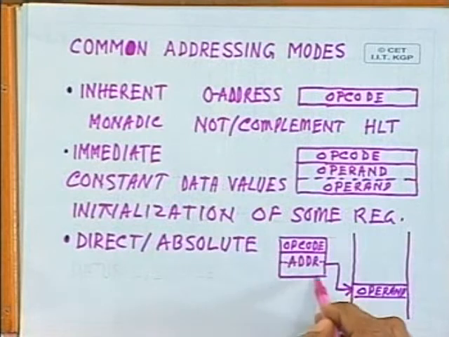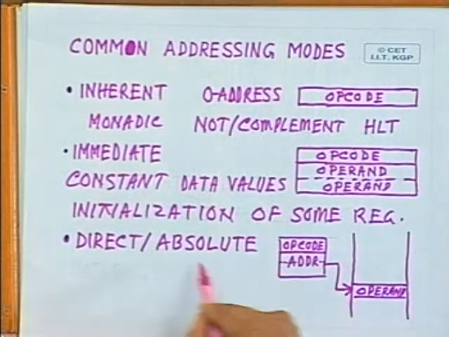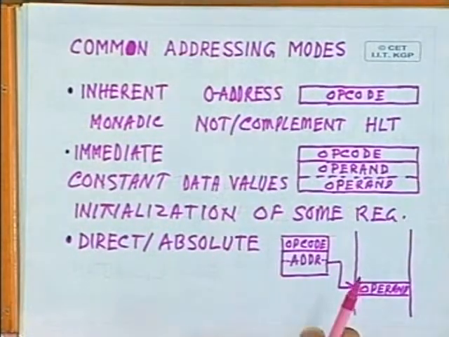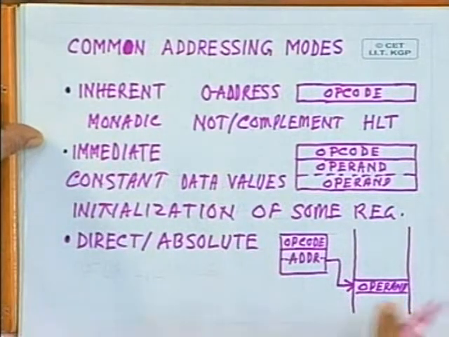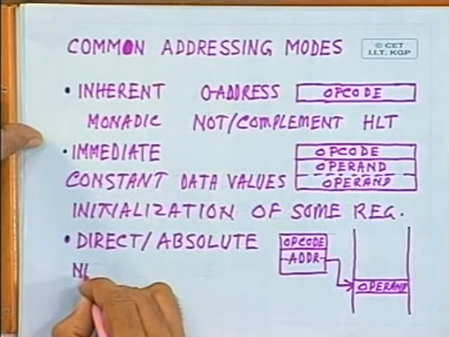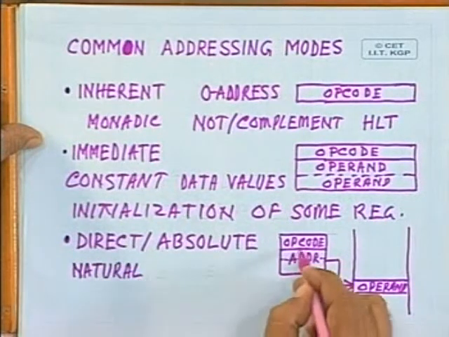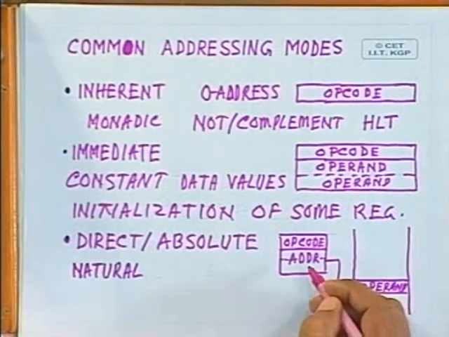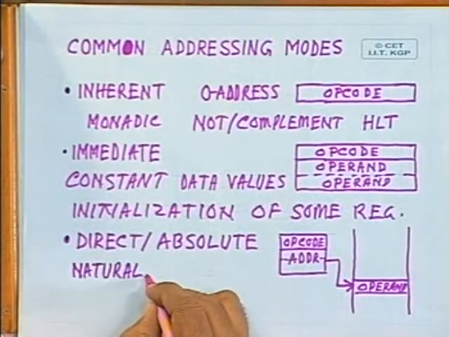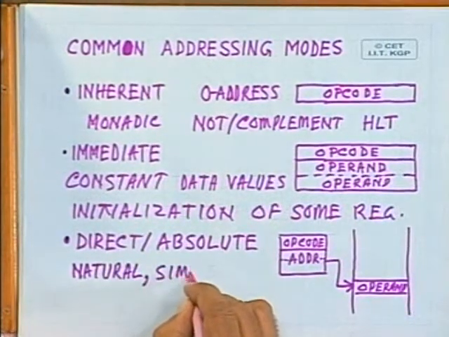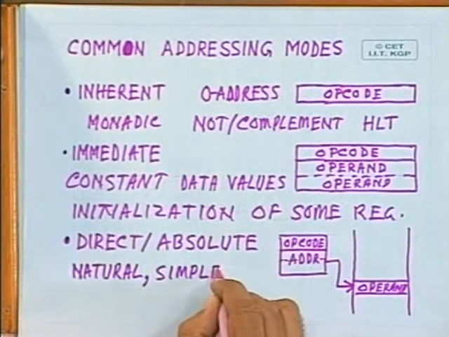So, that address of the operand is provided as part of the instruction, and this is possibly the most natural way of providing the operand address as part of the instruction, and it is very simple, does not involve any computation.